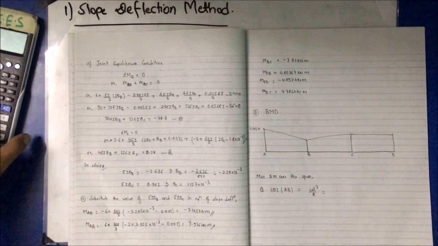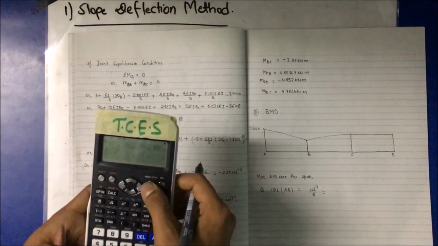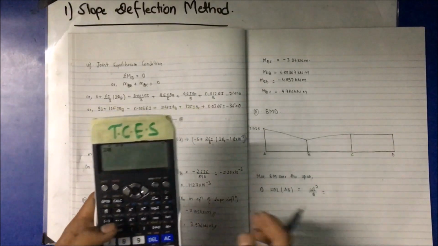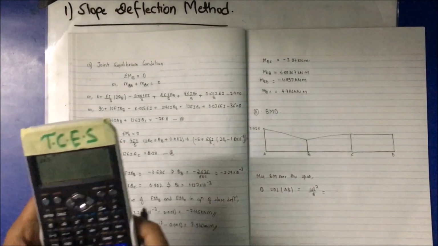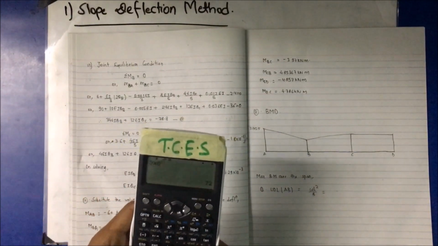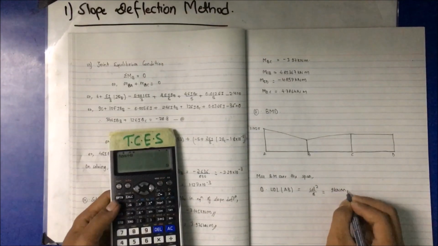We have W as 2 kilonewton per meter and L being 6. 2 times 6 square divided by 8, that is 9 kilonewton meter.